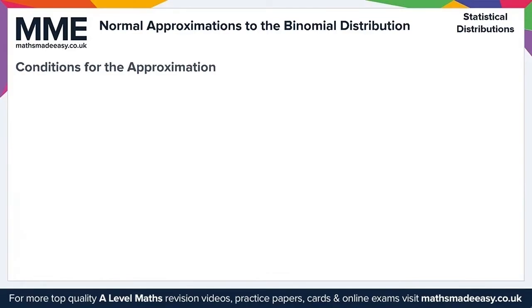And finally, let's take a look now at conditions required for the approximation. Now, you can only use the approximation under some circumstances, and you must make sure these conditions hold before you can use the approximation. So, you can use the approximation when p is approximately 0.5 and n is large.